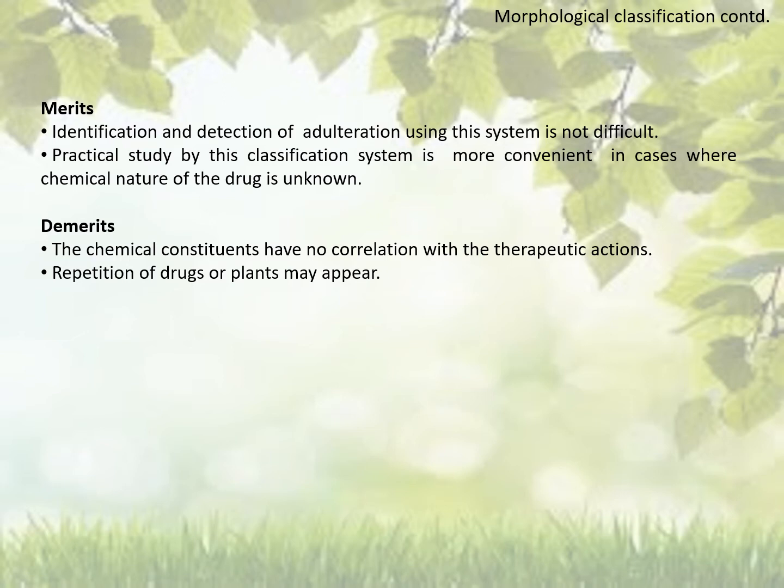This type of classification is very useful in identifying the adulterants used, and organized and unorganized drugs can be differentiated. Demerits are: the chemical constituents have no correlation with the therapeutic action.